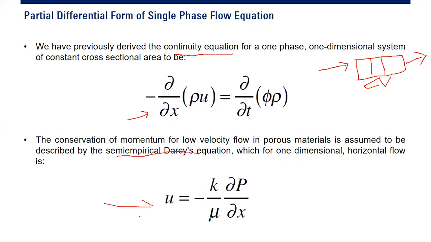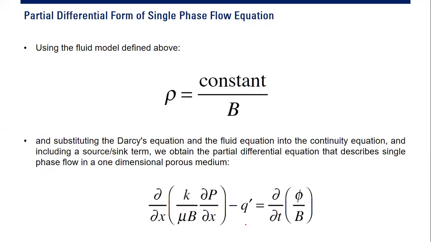So the velocity equals minus permeability divided by viscosity multiplied by the pressure gradient, dP/dx. And then we have the constitutive equation for the fluid: the density is a constant divided by the formation volume factor.